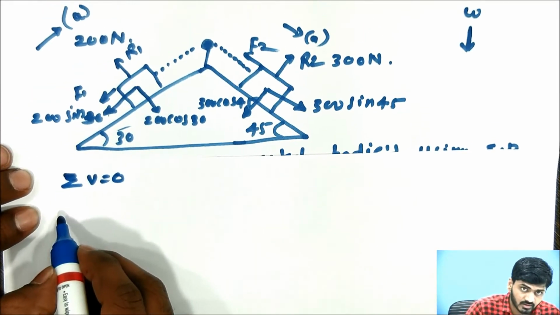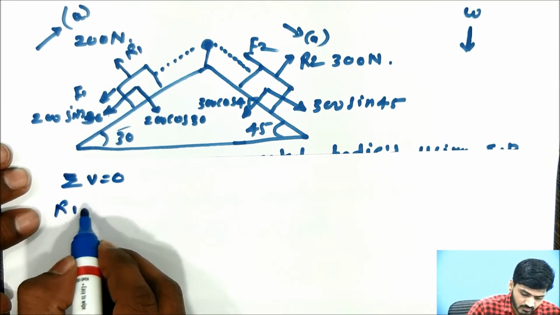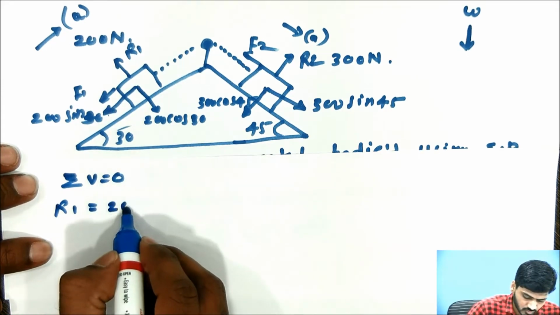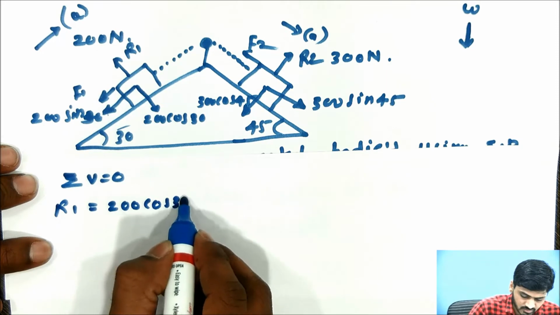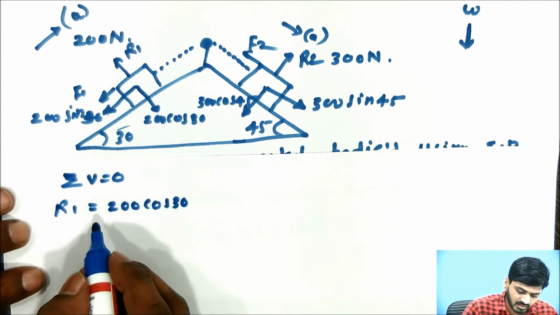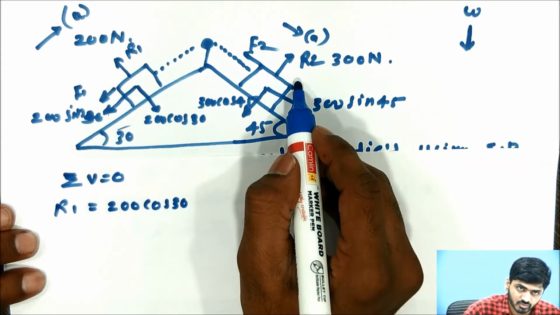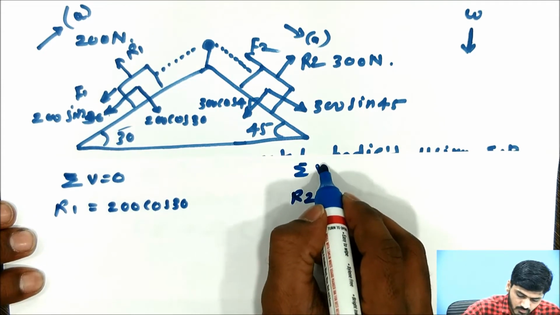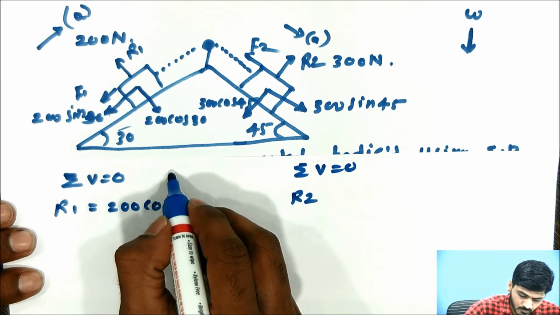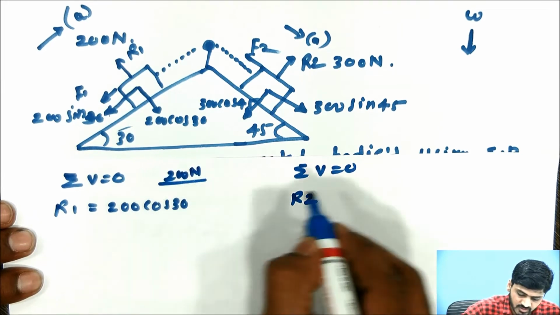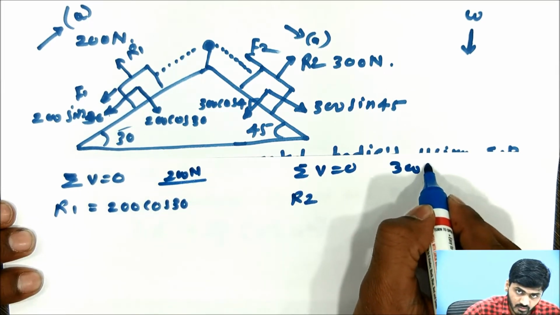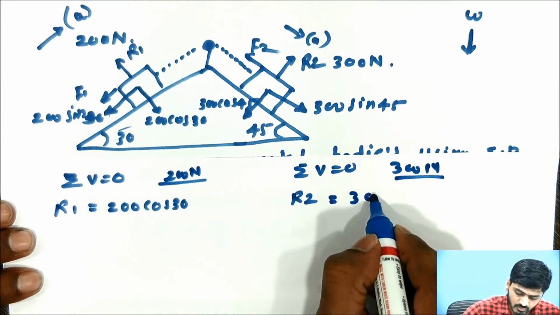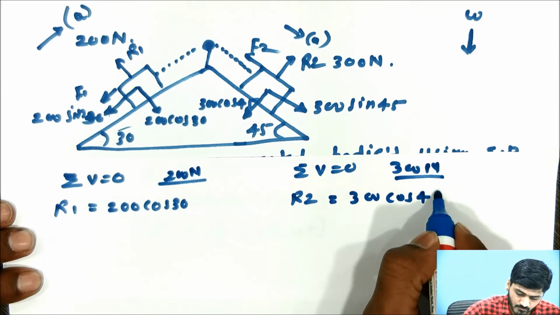So R1 is equal to 200 cos 30. Similarly, you may calculate for block number 2, that is R2. This is for the 200 Newton block, and this is for the 300 Newton block. So R2 is equal to 300 cos 45.